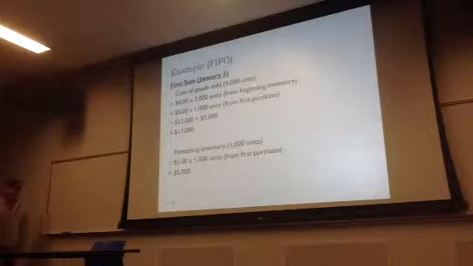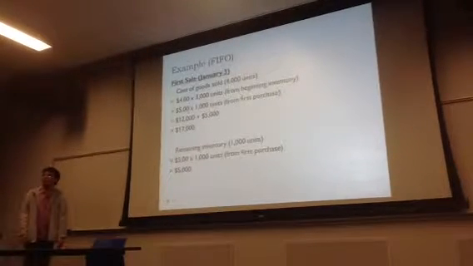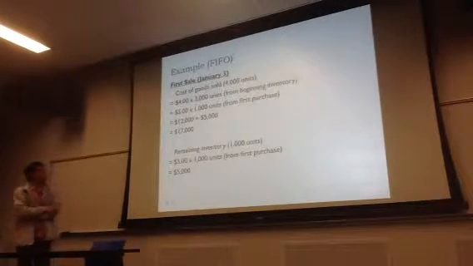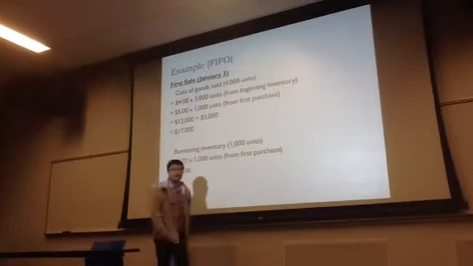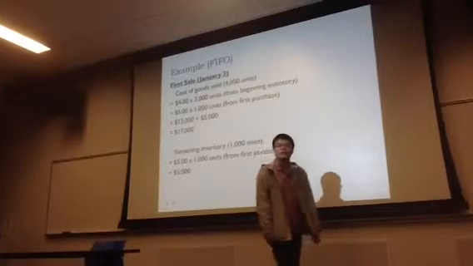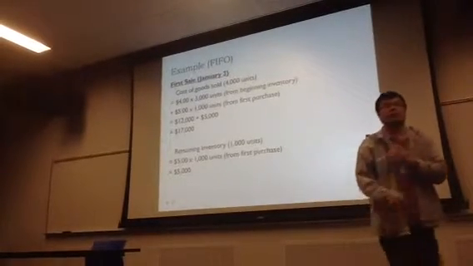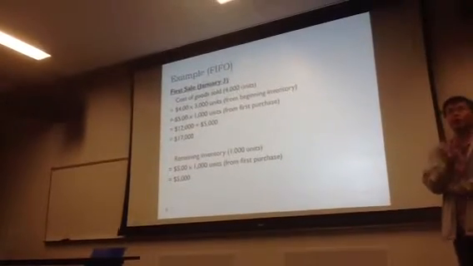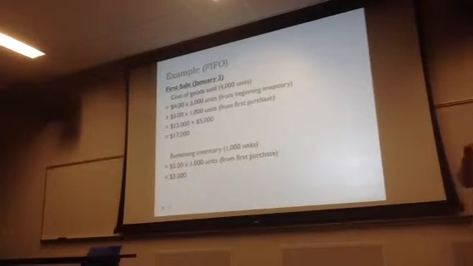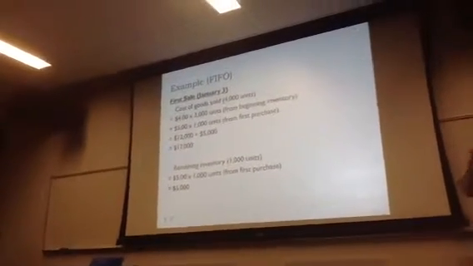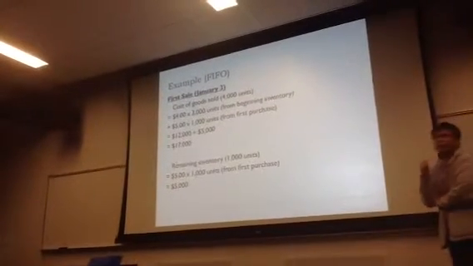So that's why we are adding $5 times 1,000 units from the second batch. And then, if you do the math, you are going to get $17,000. So the cost of goods sold for the first sale would be $17,000: $12,000 from the beginning inventory, and $5,000 from the next purchase.